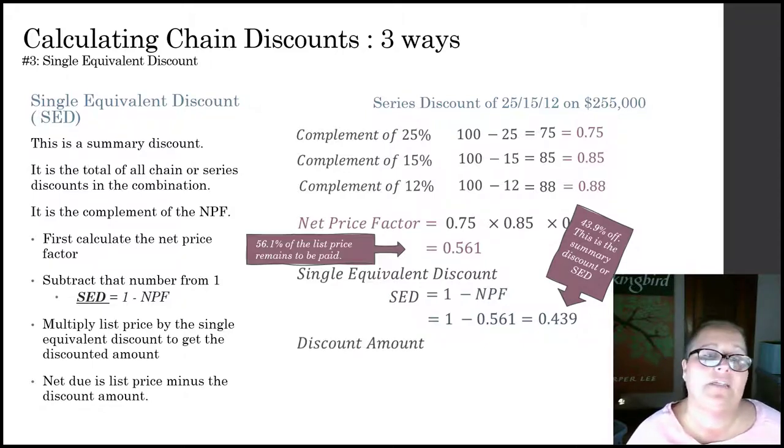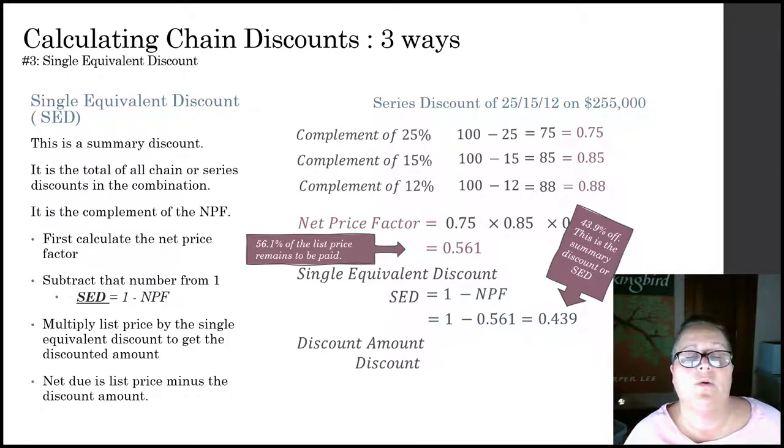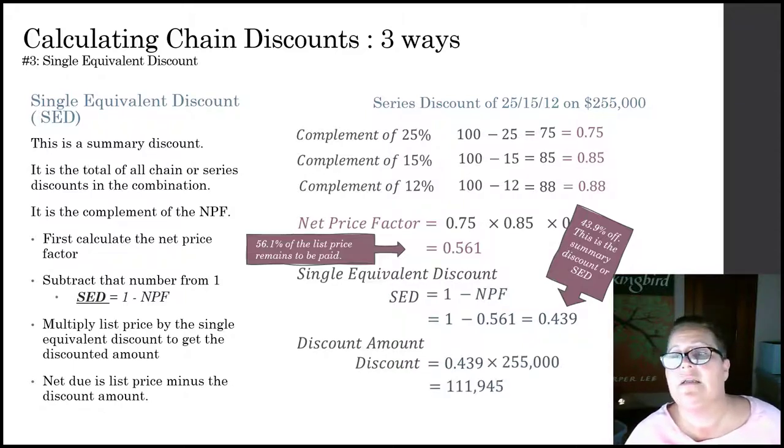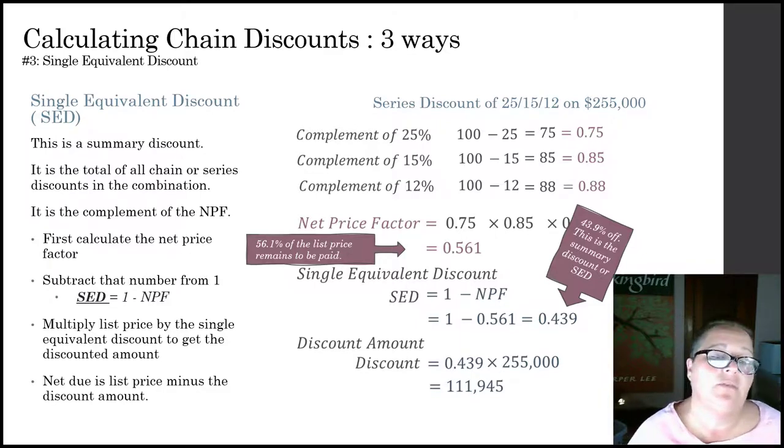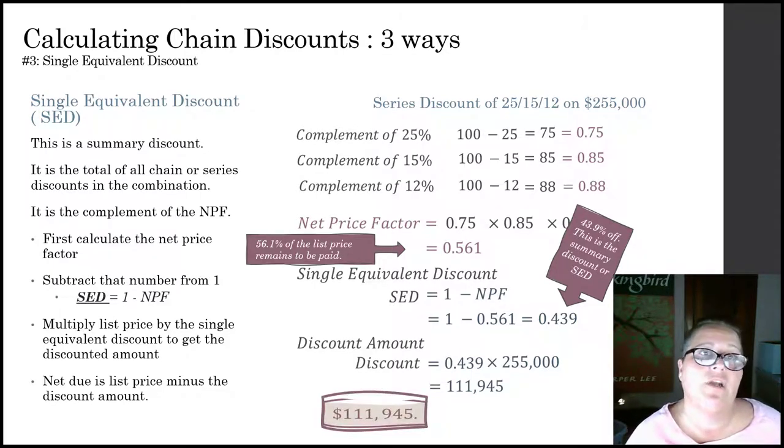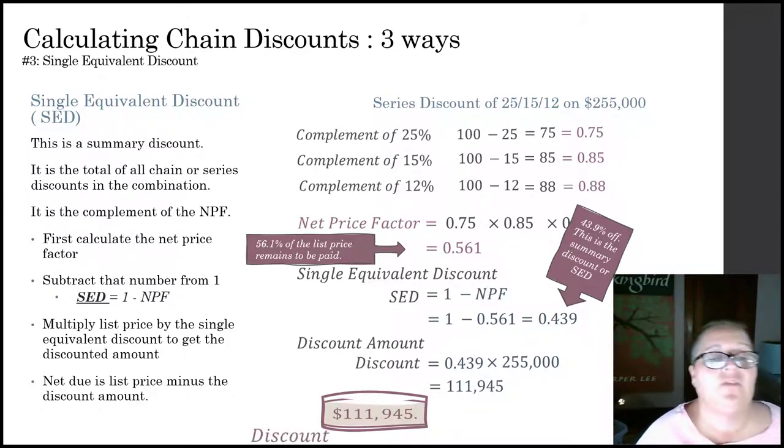Our discounted amount then would be the list price of $255,000 times the single equivalent discount of 0.439, giving us a discount amount of $111,945 as our discount.